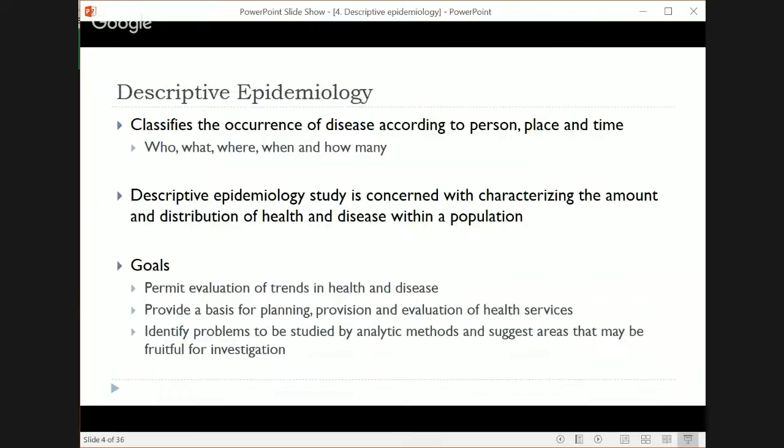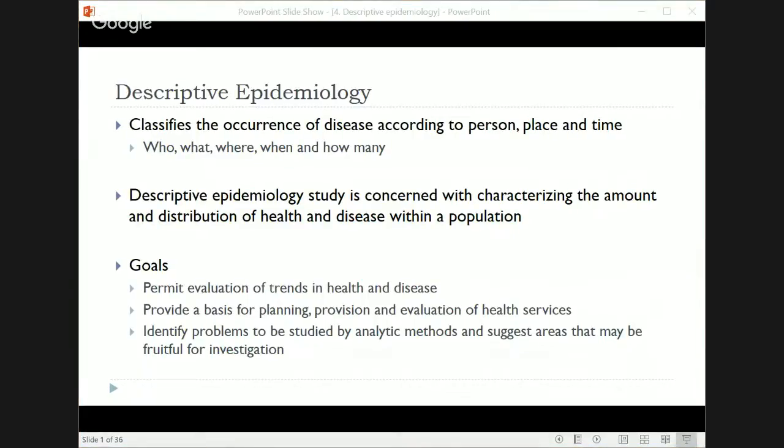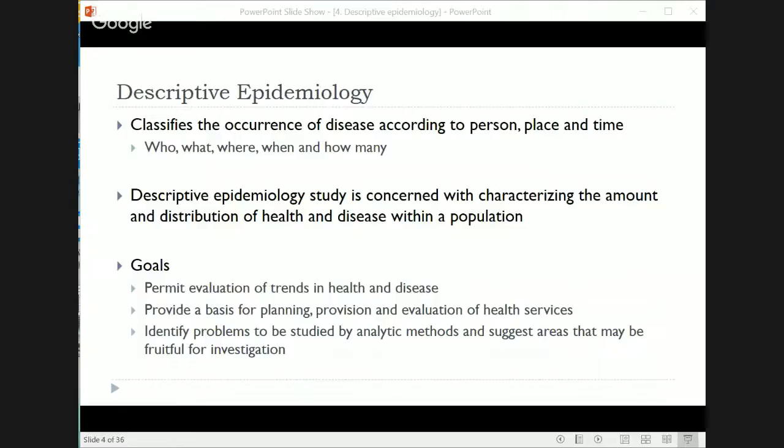So to start, descriptive epidemiology classifies the occurrence of disease according to person, place, or time. So the way you can think of this is it's sort of the who, the what, the where, the when, and the how many of epidemiology or of an epidemic. Largely, when you're doing a descriptive study, you're concerned with characterizing the amount and the distribution of health and disease within a population.